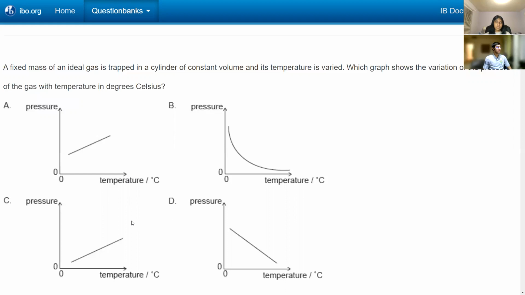So A. Oh wait, A, because it's in degrees Celsius, so it would have to be A. If it were in Kelvin, the answer would be C, because this would go straight through 0, 0, because it's PV equals nRT. P is proportional to T, but if T is in Kelvin and we want to go in Celsius, that's Kelvin plus 270. So the A is there.